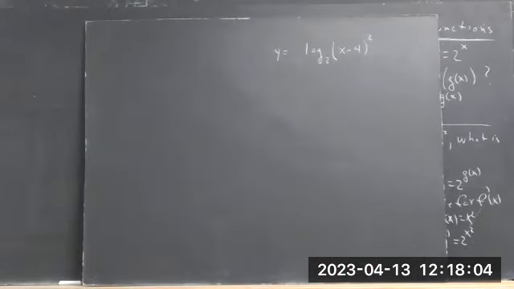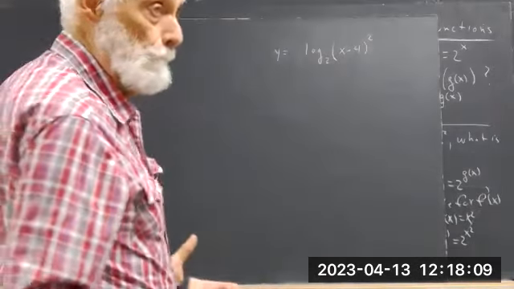Let's say we got y equals log base 2 of (x minus 4) quantity squared. What's the graph look like?